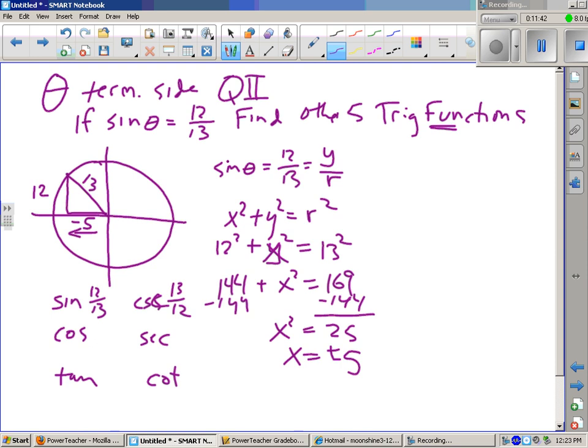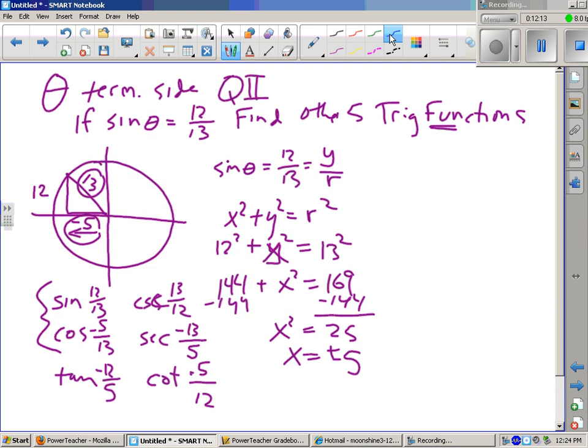Cosine up here is x over r, so -5/13. Secant would be -13/5. Tangent is sine over cosine. 13's cancel and you're left with -12/5. The negative should just go on the top. And then flipping it over, I get -5/12.